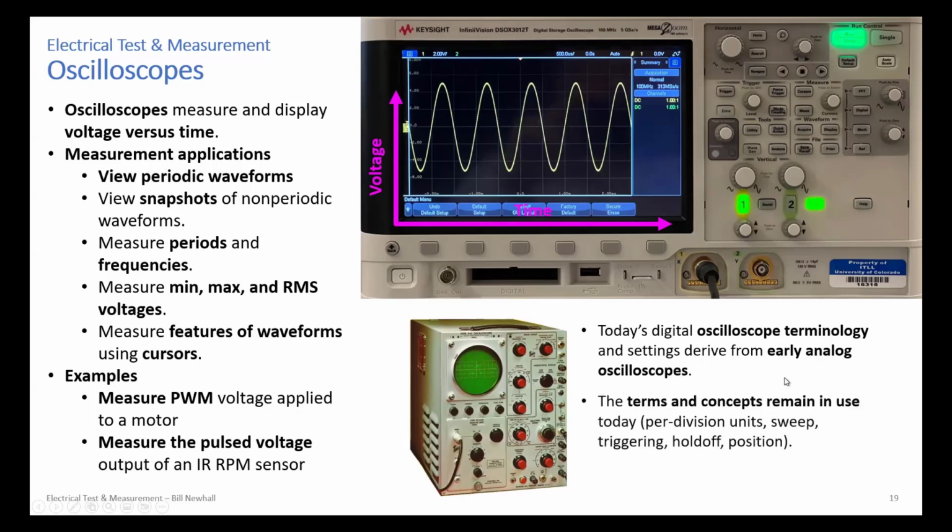Okay, so you'll see terms like per unit or per division units, like volts per division, time per division. You'll see terms like sweep and triggering and hold off and position. And so these derive from the old oscilloscopes, and then they slowly became modern, and now we have digital oscilloscopes, but we still use the same controls and a lot of the same terminology as the early oscilloscopes.